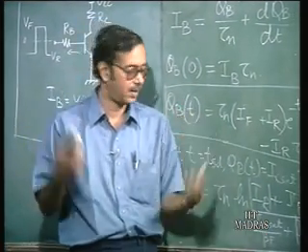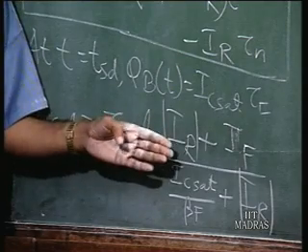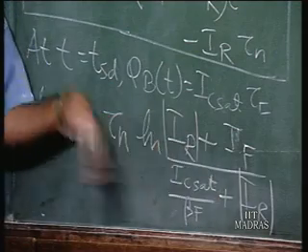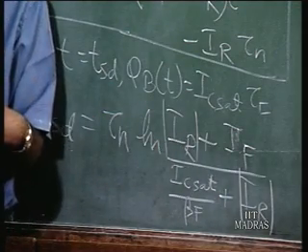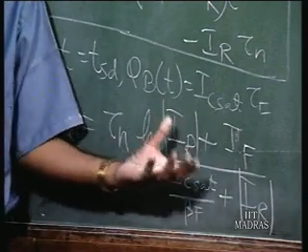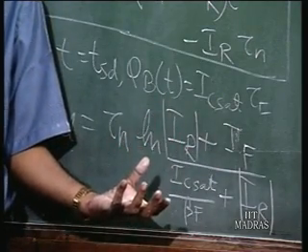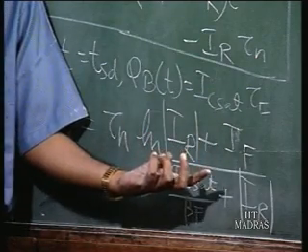But normally, you can also see that if IR is larger, TSD will be less. If you go on increasing the reverse current, the storage delay time will be less because this fraction is going to reduce.